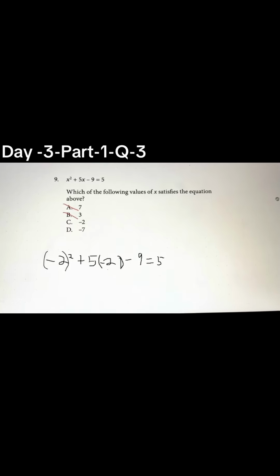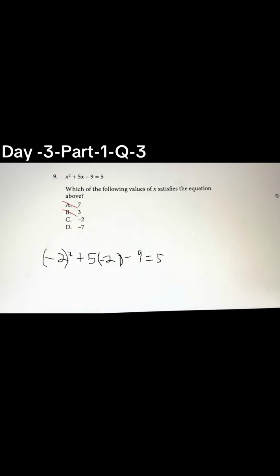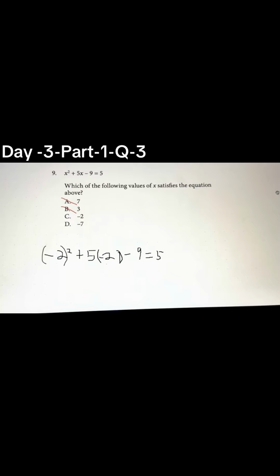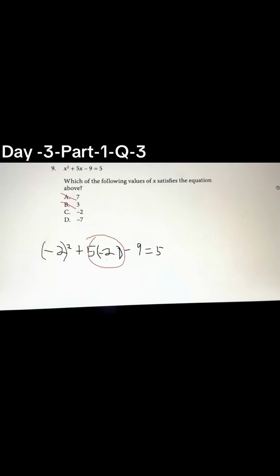So let's simplify that. What does that equal? Okay, so positive 4 plus 5, that's 9. 9 times negative 2 equals... Well, hold on. We still have to do PEMDAS here, right? Because that 5 is being multiplied by the negative 2. So remember, in PEMDAS, addition and subtraction are last.